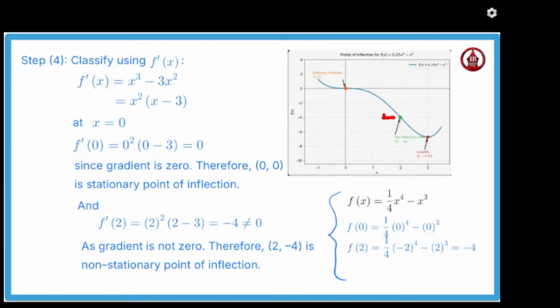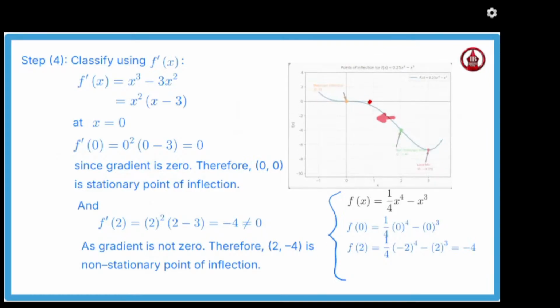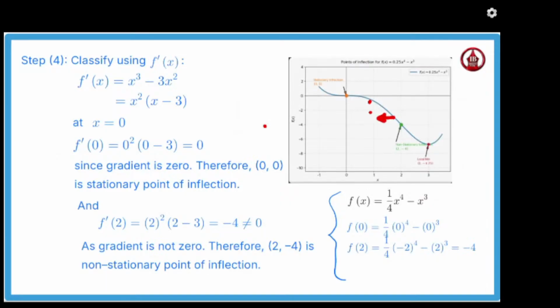Similarly, here to the left of x is equal to 2, it is concave, sorry, it is concave down. And to the right of this point 2, it is concave up. So concavity changes at this point as well as at this point. Therefore, both of the points are points of inflection.